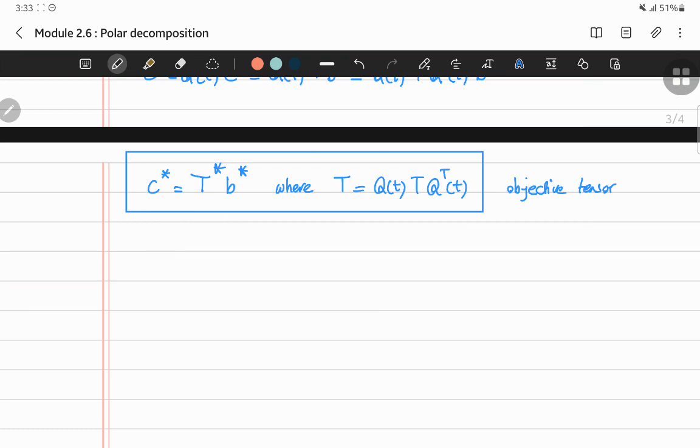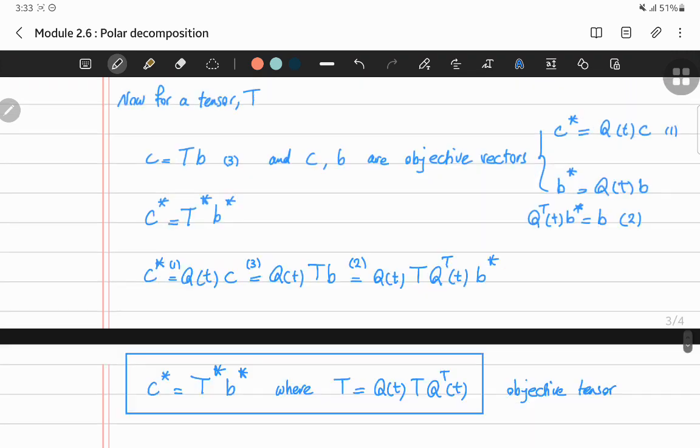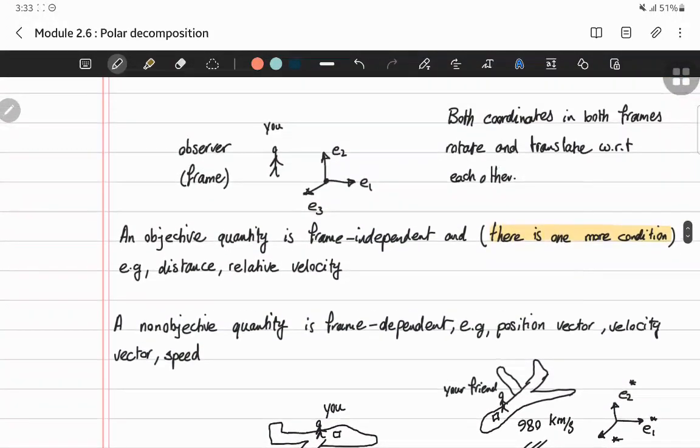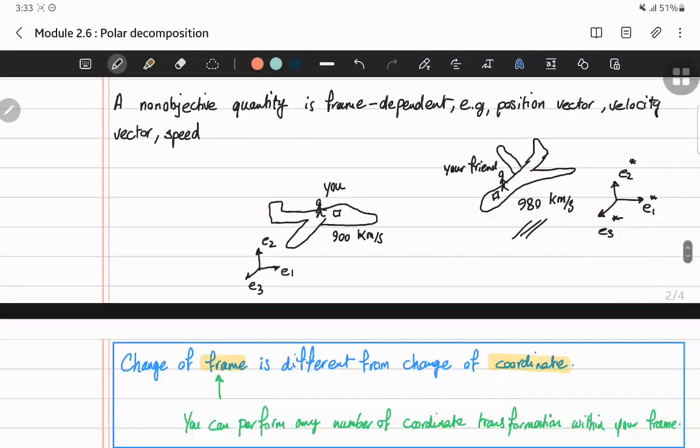So we can conclude that any tensor that follows the transformation law and is frame independent is an objective tensor.